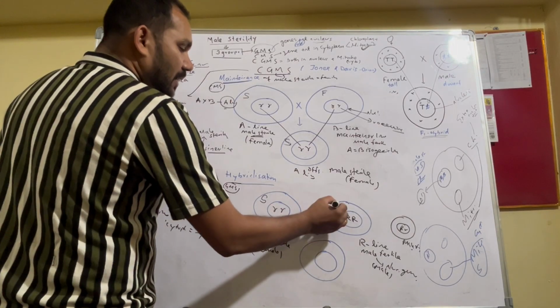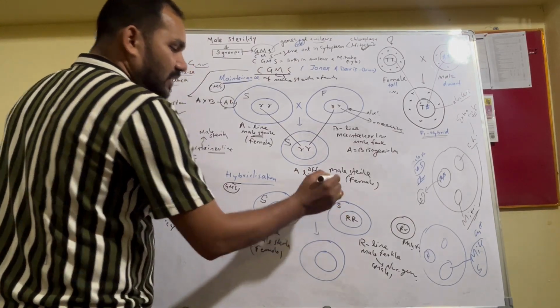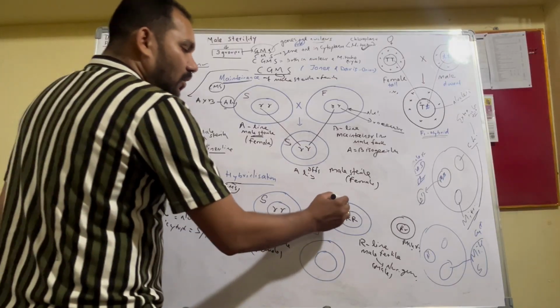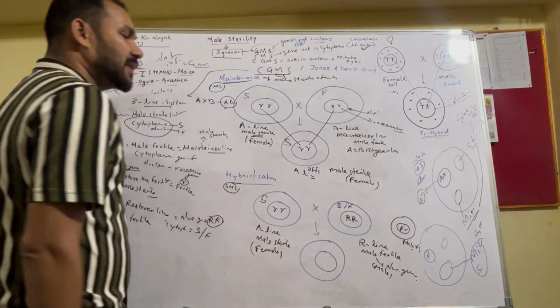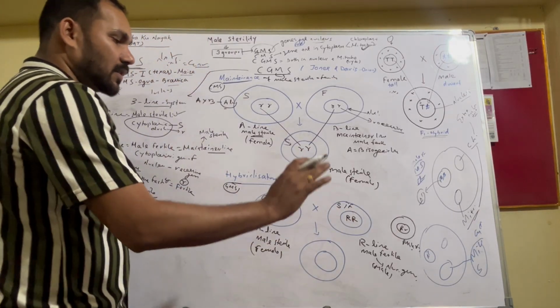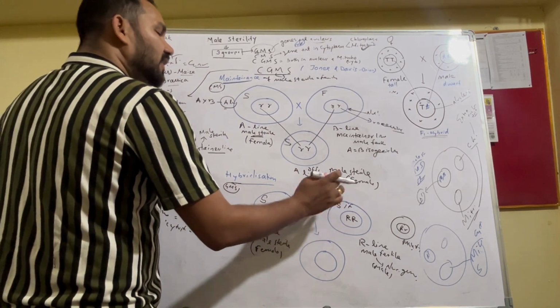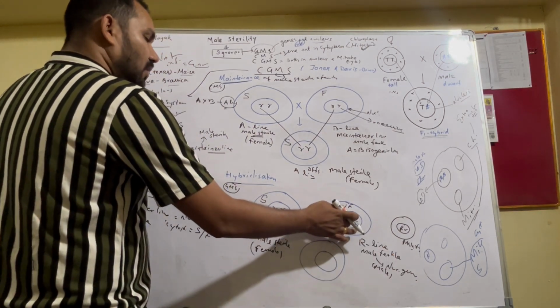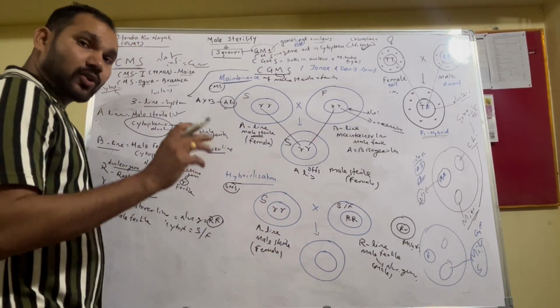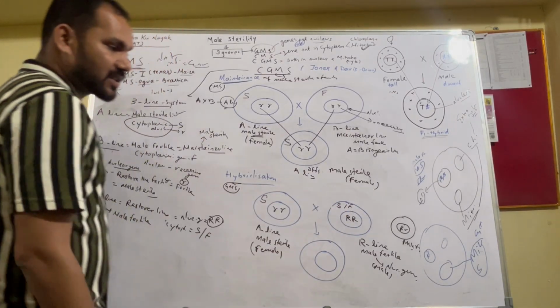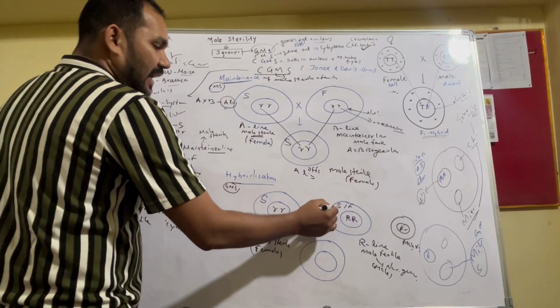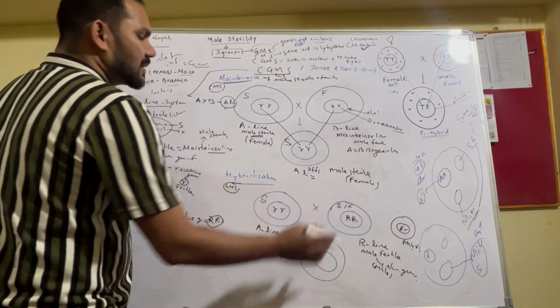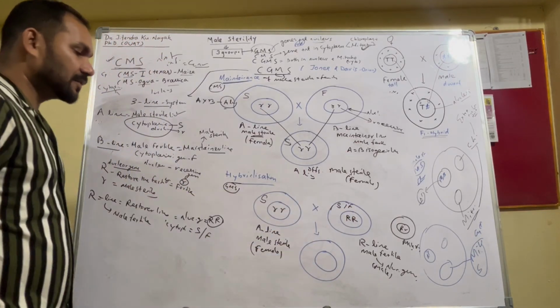So whatever the cytoplasm may be, whether it is sterile cytoplasm or a fertility gene is present in the mitochondria, no problem. If it is sterile, the R line still acts as male fertile because the nuclear gene dominates over the cytoplasmic gene, since capital R is present. And if the cytoplasm is fertile, then no problem, all are fertile.